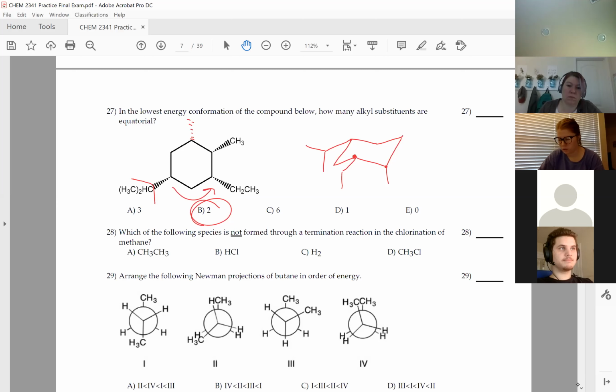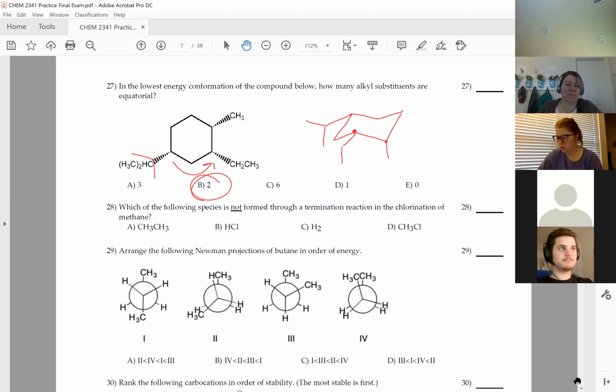Or if the methyl group had been pointing up instead, it would have worked out, but you have to follow the actual structure that's given to you and make sure you draw the chair conformation. I do not know many organic 1 students who can do this in their head. There are some, and maybe some of you can, but most cannot.